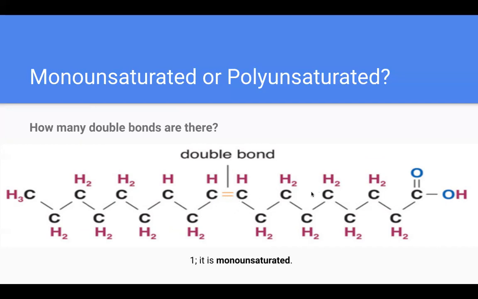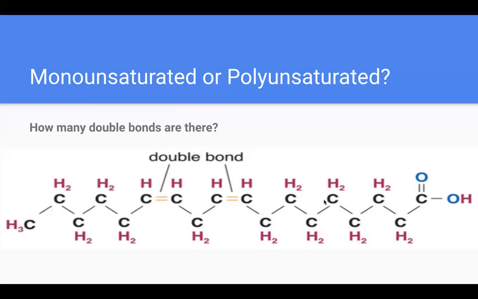Because there's only one double bond, this means that the fatty acid is monounsaturated. This next one, this is linoleic acid. We see here that there's more than one double bond. In this case, there are two double bonds. Because of this, it is going to be a polyunsaturated fatty acid.